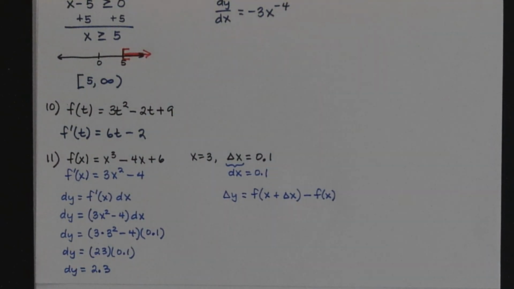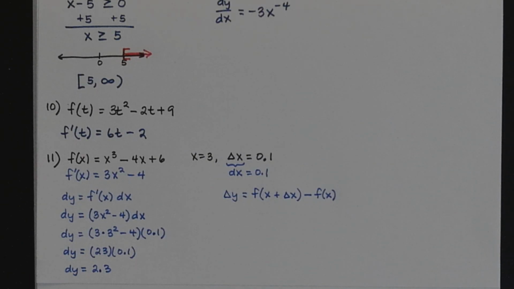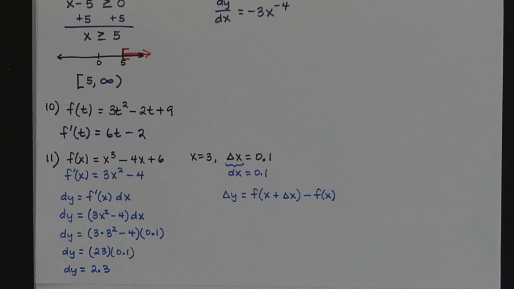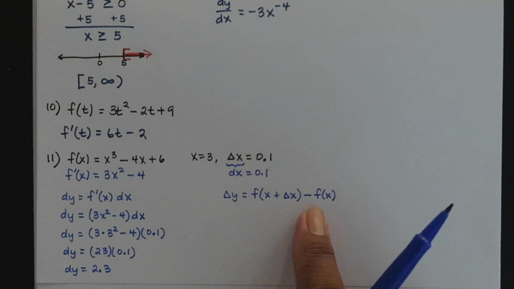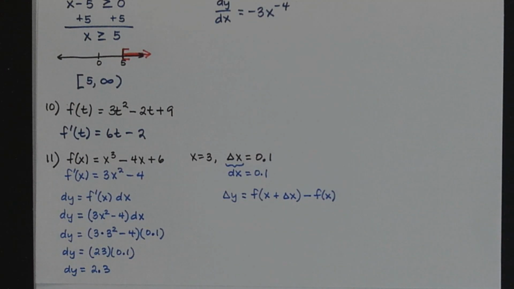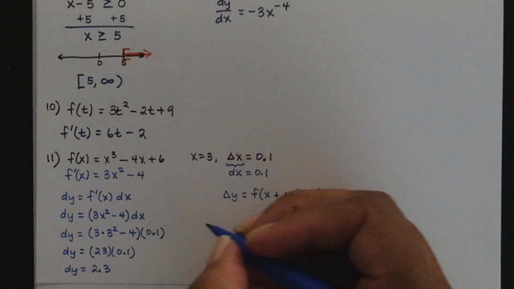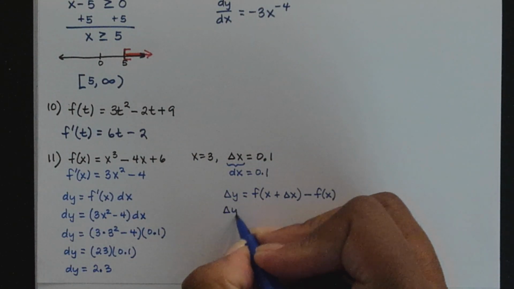If you recall, we did the limit as delta x approaches 0 of f of x plus delta x minus f of x, all divided by delta x. That part there is the numerator, which is your change in y. All right, so now let's find out what delta y is.